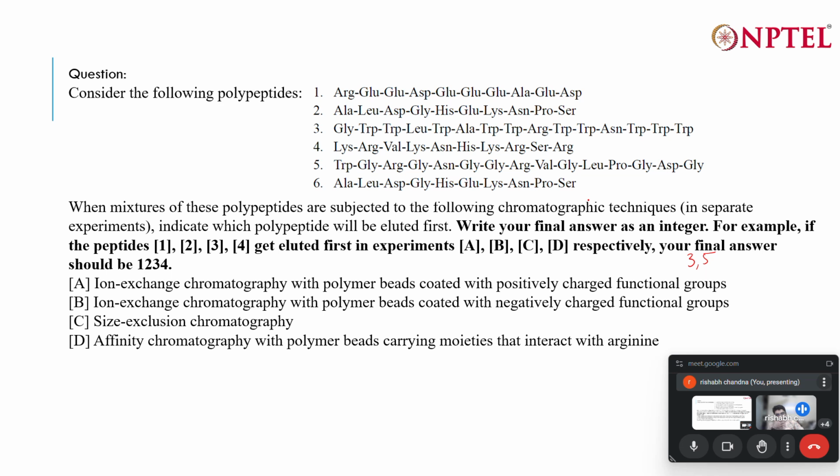The question asks that if we are using ion exchange chromatography for the first option, for example A, which will be eluted first? So for example, if it would be 1, 2, 3, 4, you have to answer as 1, 2, 3, and 4. We are not asking about the order of the peptides in which they will be eluted. We are asking about the answer in which the peptide will be eluted first would be answered. Okay, so in that sense.